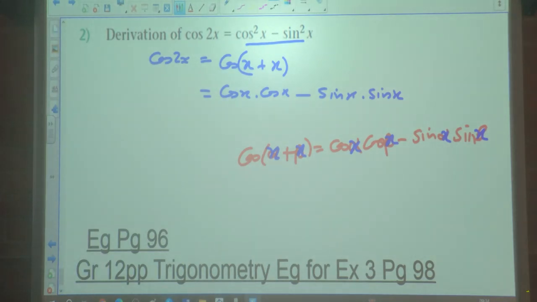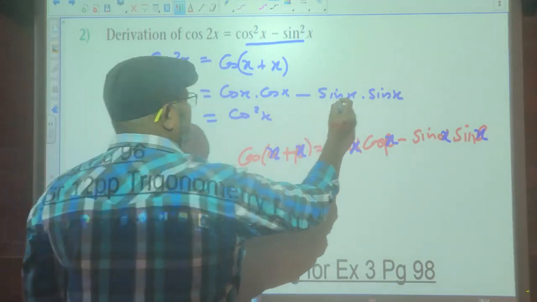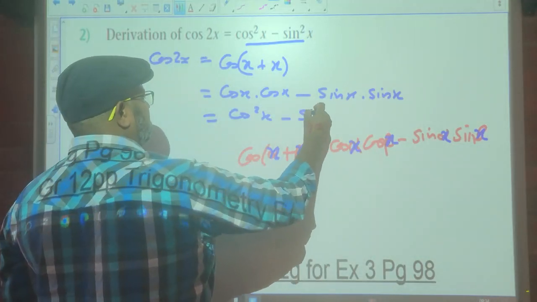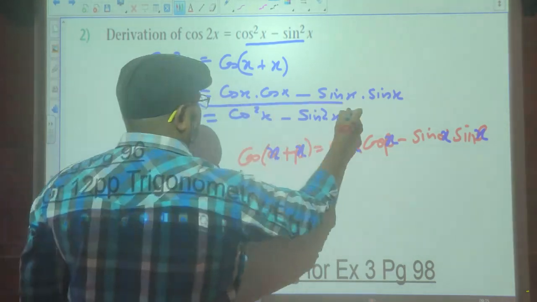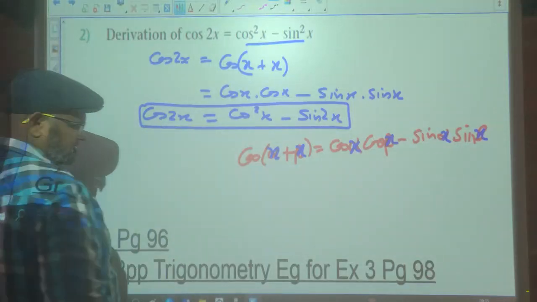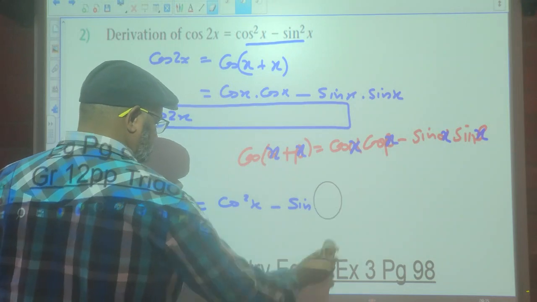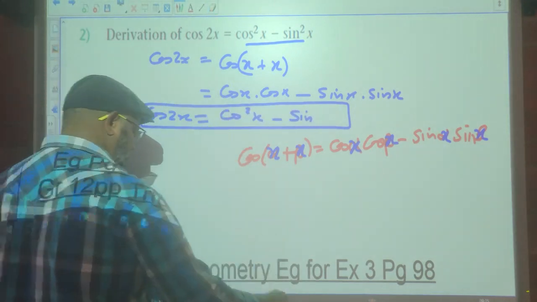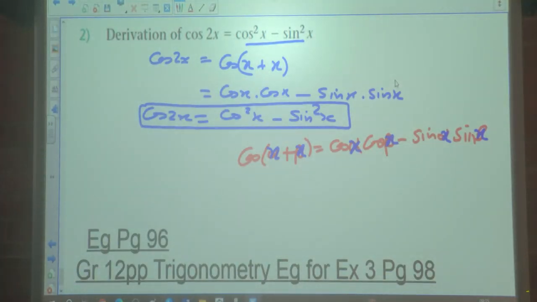But what is cos x times cos x? Cos squared x. What's sin x times sin x? Sin squared x. So there is your second identity: cos 2x can be written as cos squared x minus sin squared x.